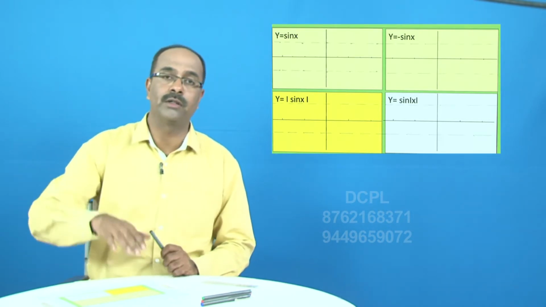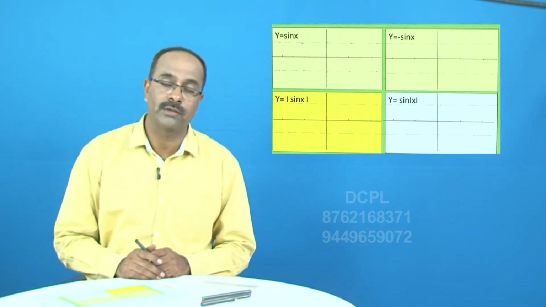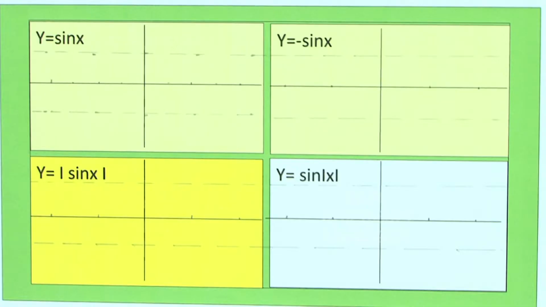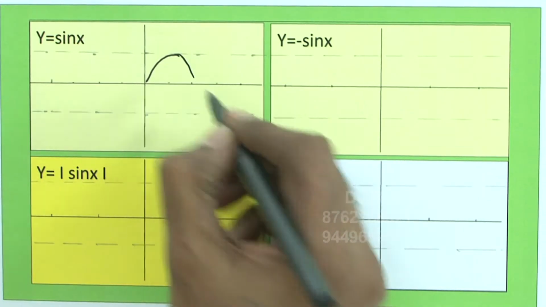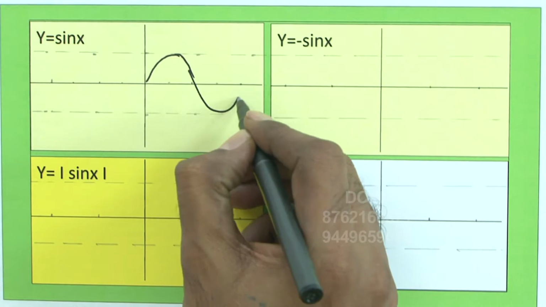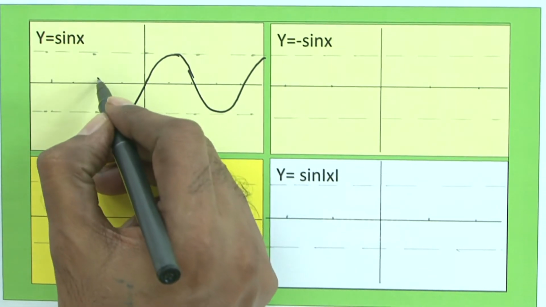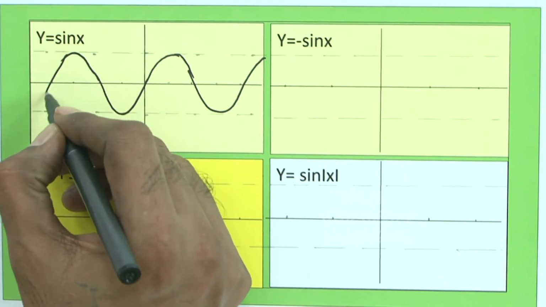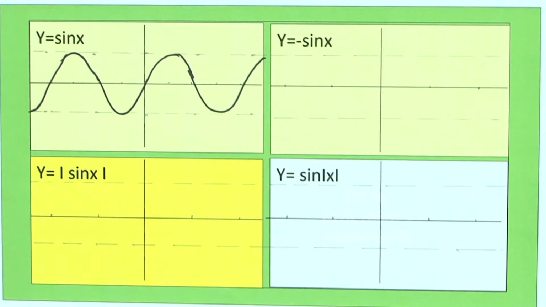Let us learn minus sin x, sin of minus x, mod sin x, sin mod x and all. Look at this, dear students. This is the graph of sin x. All the graphs whatever I am drawing are not up to scale, right?